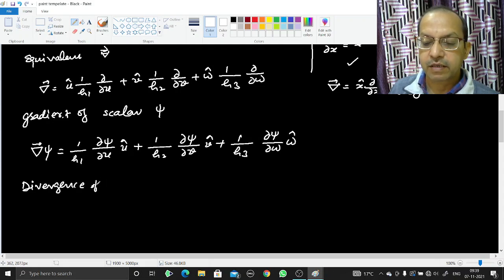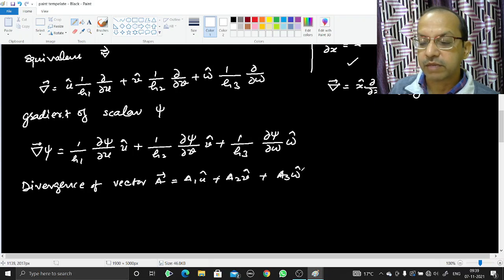And the divergence of vector A. It means it will have three components, a1 u cap plus a2 v cap plus a3 w cap.